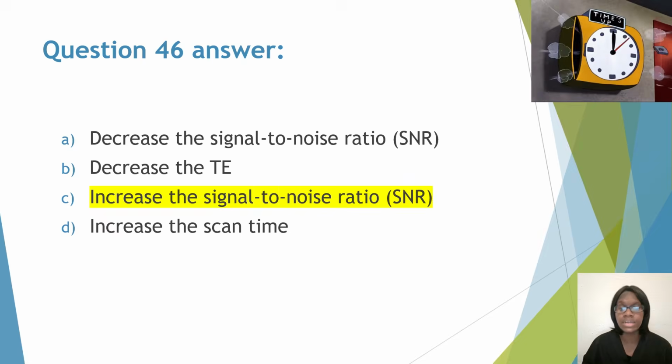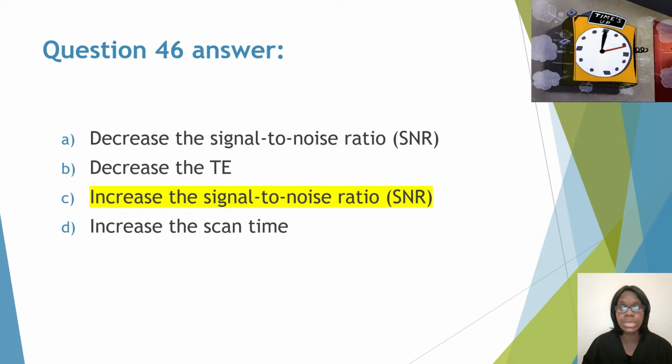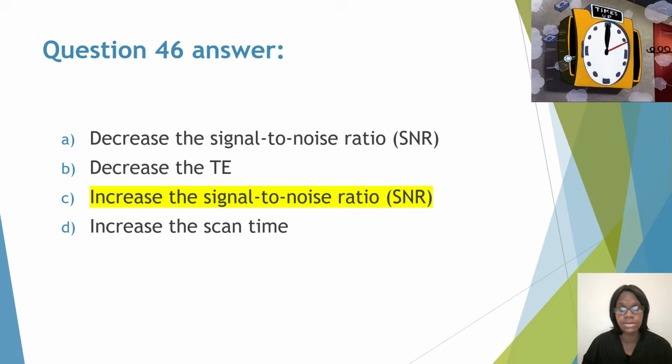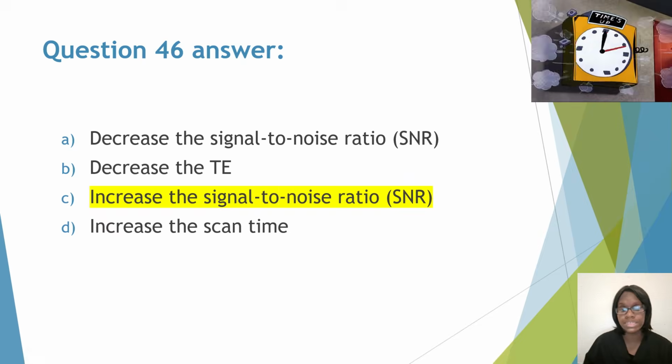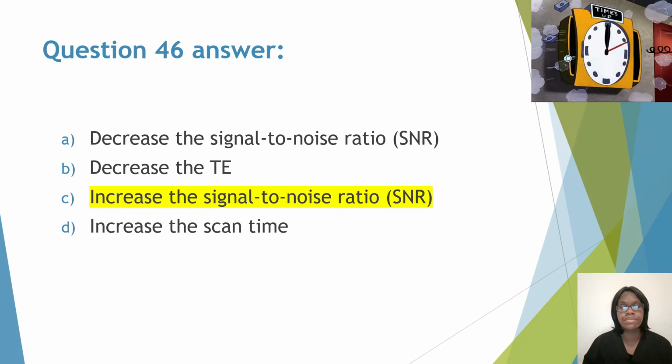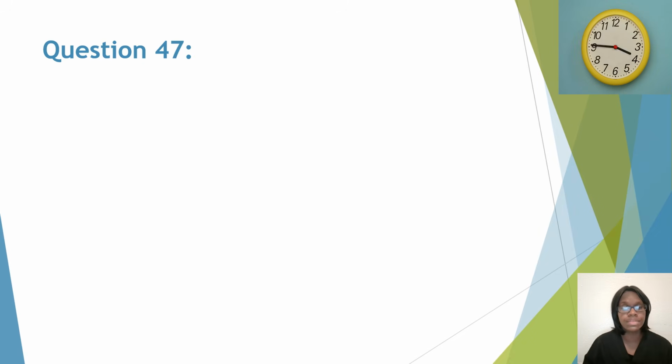So if you're still studying for your test and you're working or doing clinical, look at what happens whenever you are adjusting the parameters on the scanner, and it probably will help it stick better as well.